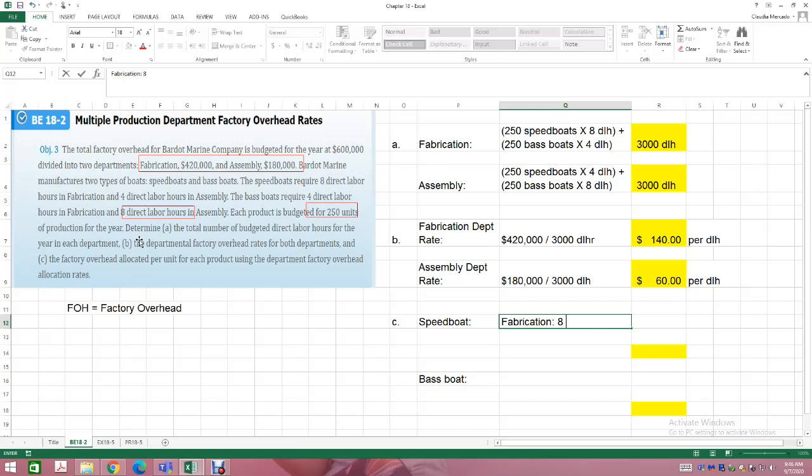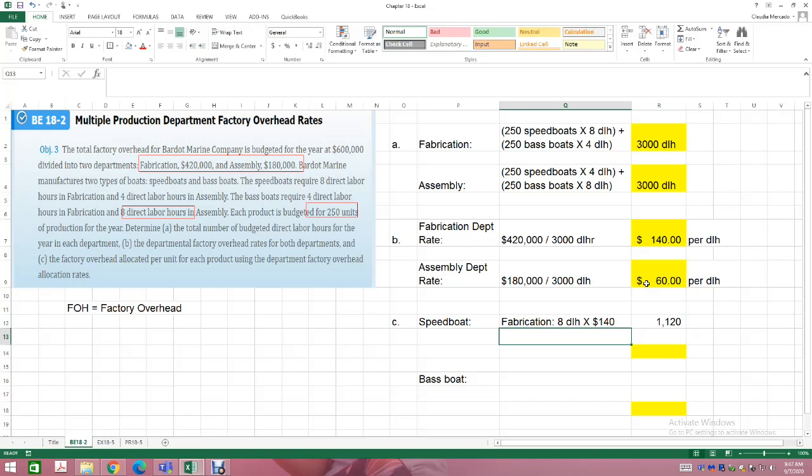So that would be 8 direct labor hours. And I'm going to multiply that by every hour that we're spending in fabrication, it's going to cost $140. So now I'm going to get my 8 hours times my $140. That's going to give me $1,120.